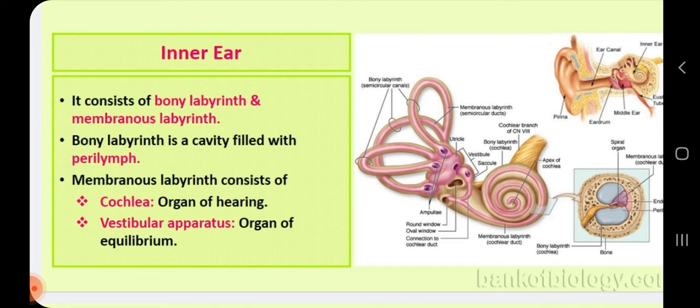These two are very important organs, because the cochlea is considered the organ of hearing and the vestibular apparatus is considered the organ of equilibrium.